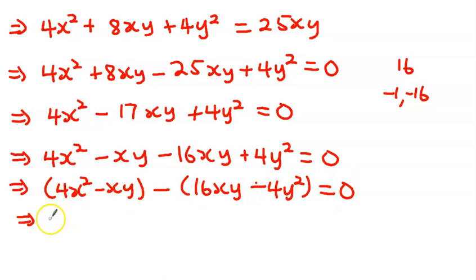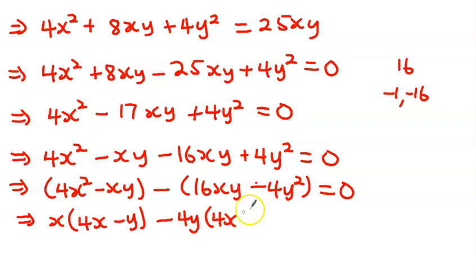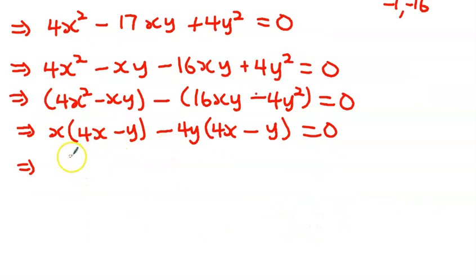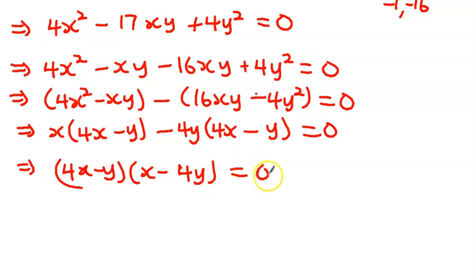Now the common factor here is x, and then we have (4x minus y), minus the common factor here is 4y, which is the same (4x minus y), is equal to 0. So we do refactorization. (4x minus y) will be in a bracket, and then (x minus 4y) will be in another bracket.